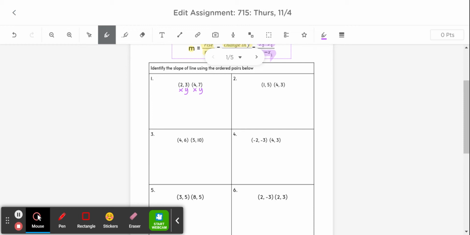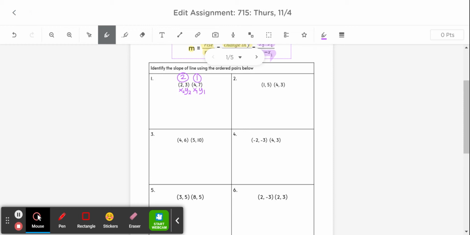And I'm going to choose whichever one to be x2, y2 because that is our second ordered pair. And by first and second, I just mean that there are two of them. It does not matter the order. I'm actually going to make this our first one and this one our second one. You just have to be consistent with the x and y being from the same ordered pair and x2 and y2 being from the same ordered pair.